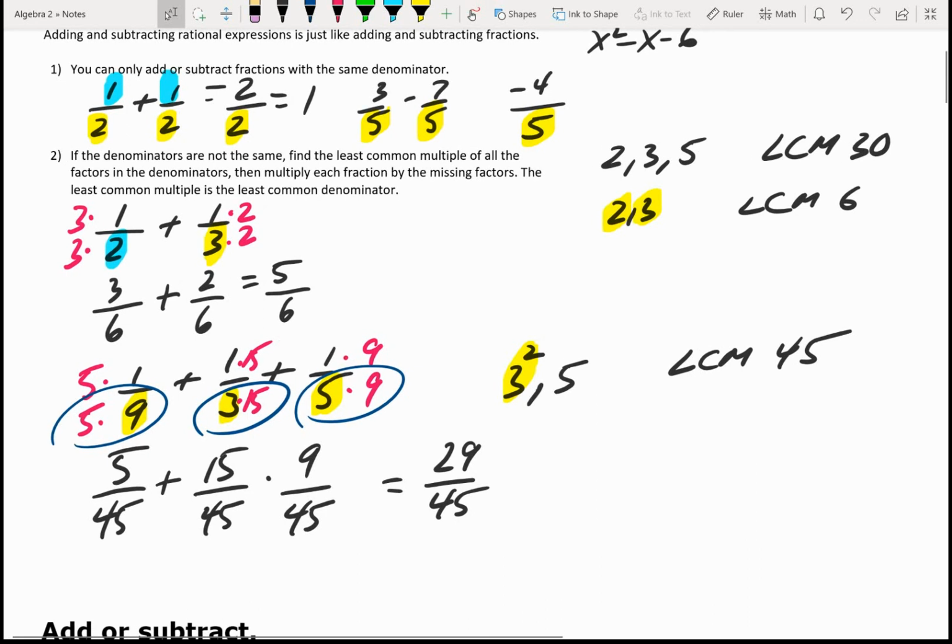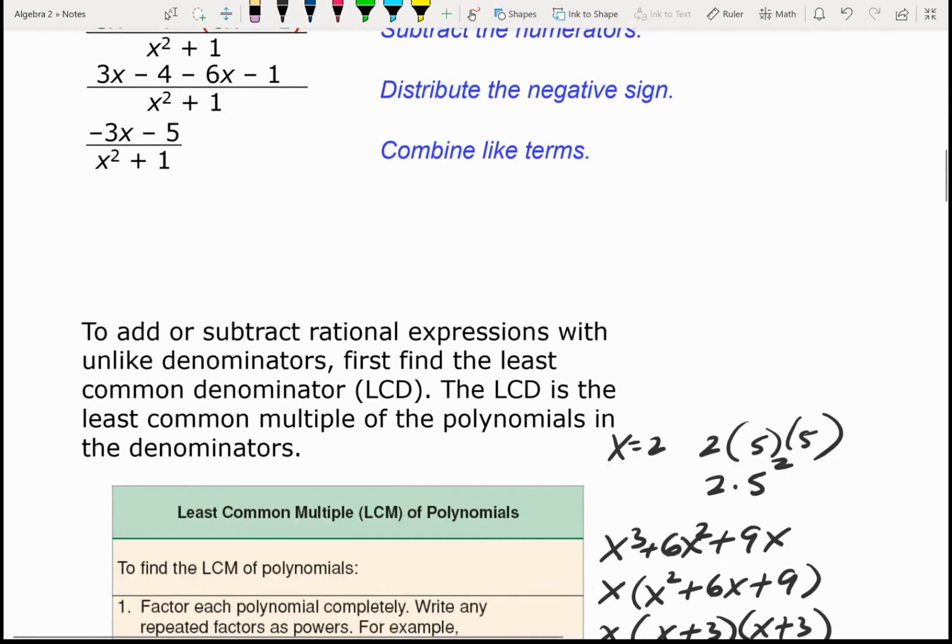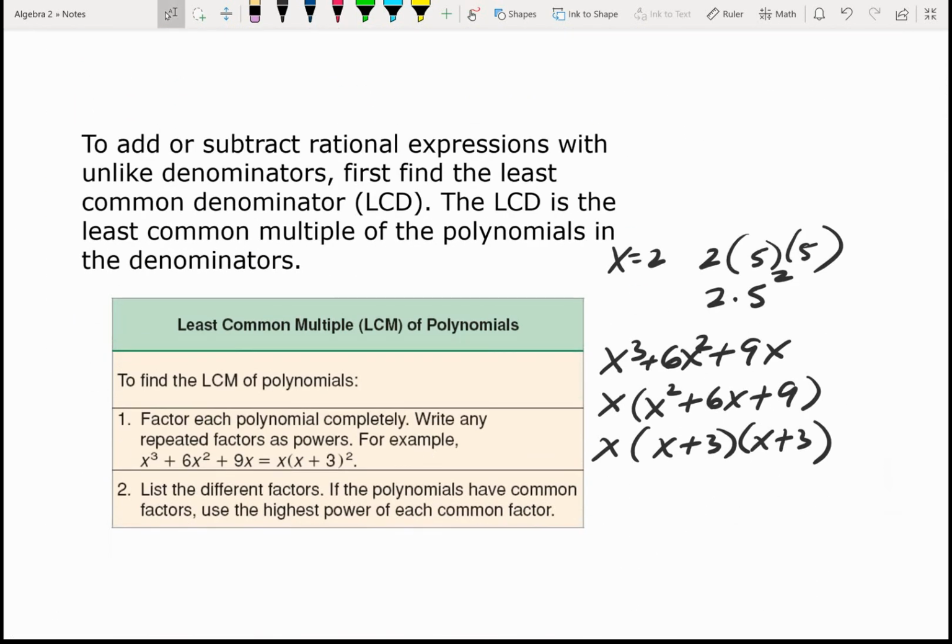So like when I did this one here, 9 and 3, well, I have 2 prime factors for 9, 3 and 3. So I have to include 3 squared, and then the 5. So going back down here, my least common multiple will be 2 times 5 squared. Well, here now, my least common multiple is going to be x times x plus 3 squared. Okay, so that would be my least common multiple. I have to have both x plus 3's.